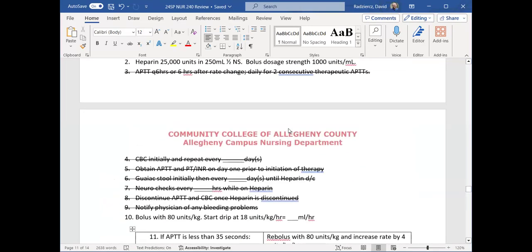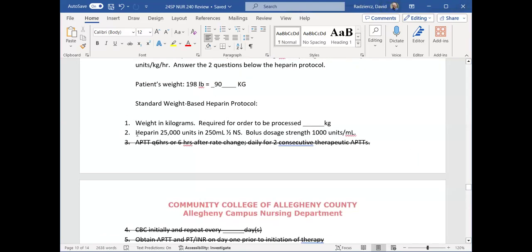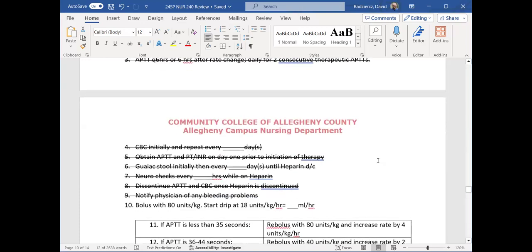What I need to look at is step 2 of the protocol, where it tells me what's available. I have an IV of 25,000 units heparin in 250 milliliters, half normal saline. And then I have a bolus dose of 1,000 units per milliliter. I'm calculating a bolus dose, so that's the information I'm going to use.